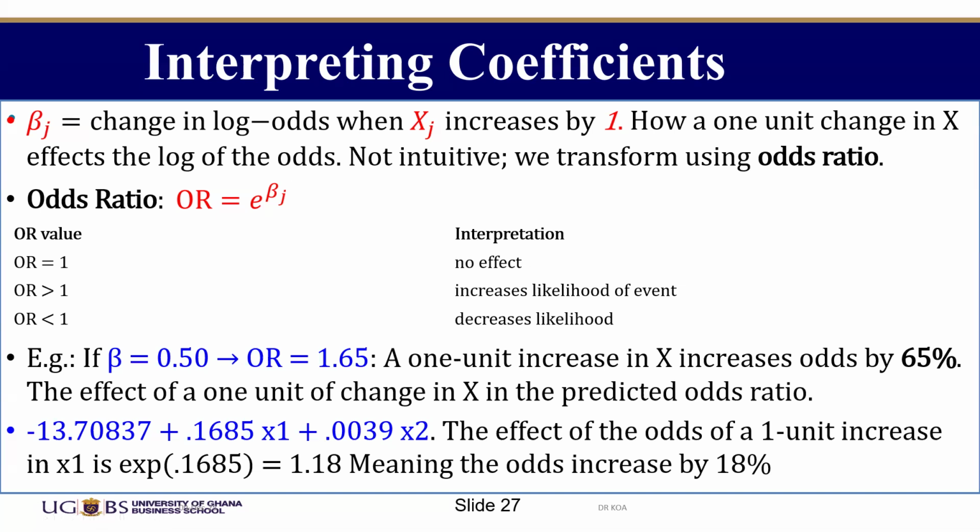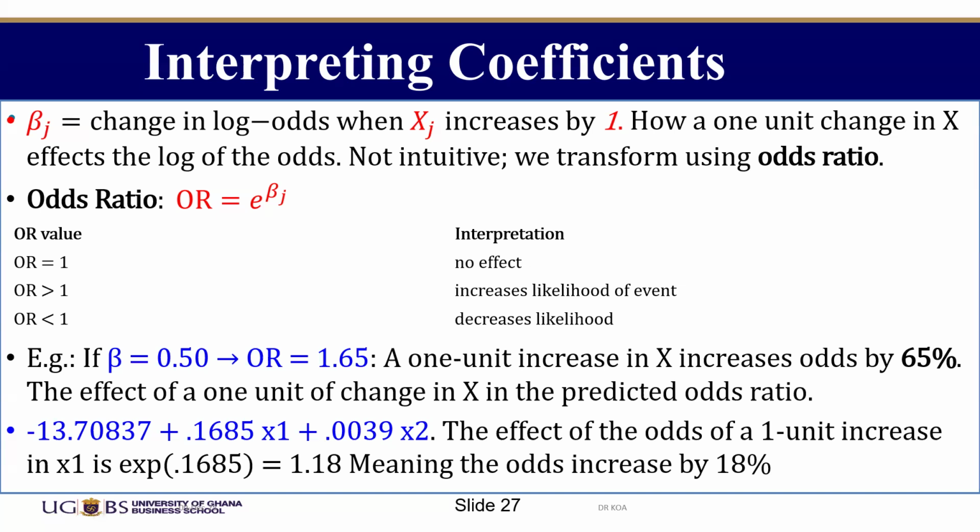What does that mean? It means that a 1 unit increase in age, let's assume that this is for the age coefficient, is going to increase the odds by 65%. So that is going to increase the odds.